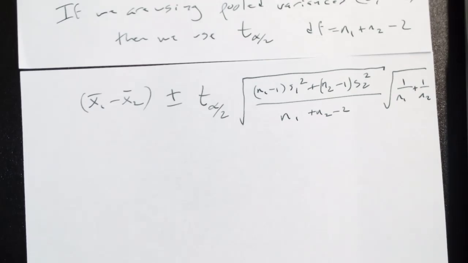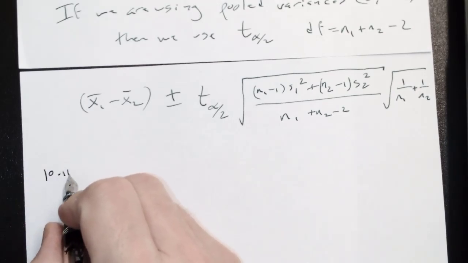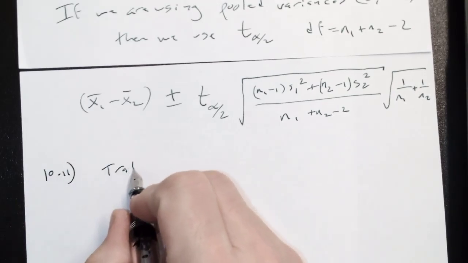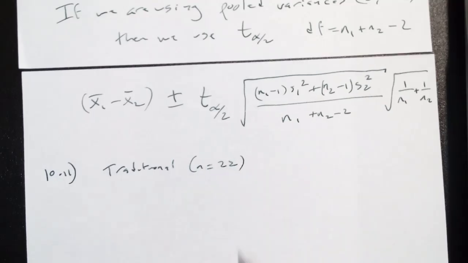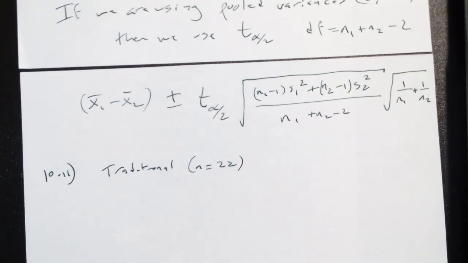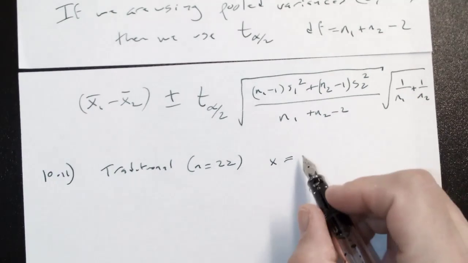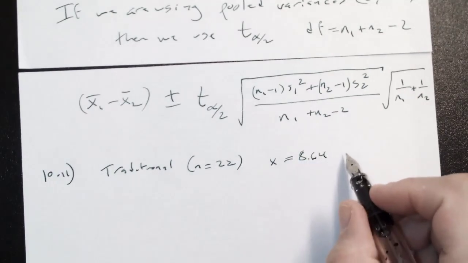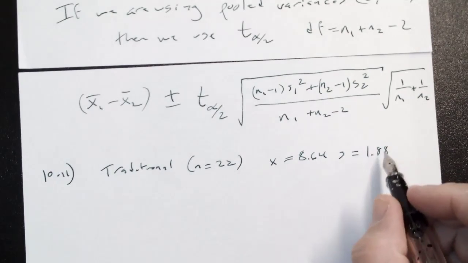On the post-test, the traditional group had a mean of 8.64 and a standard deviation of 1.88.